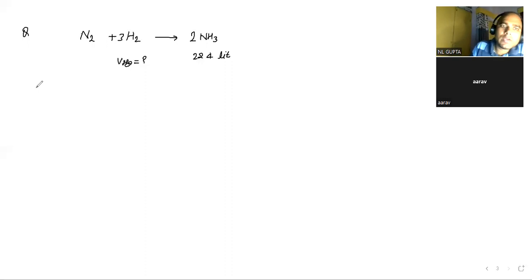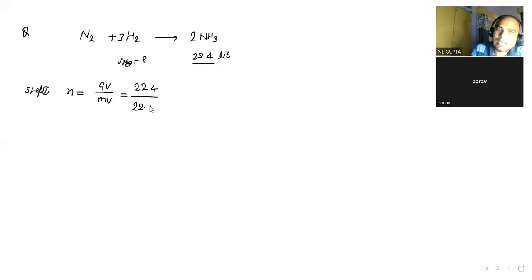Step number one. What is step number one? Convert into moles. Since volume is given, mole is equal to given volume upon molar volume. So 224 divided by the molar volume, 22.4 liter.